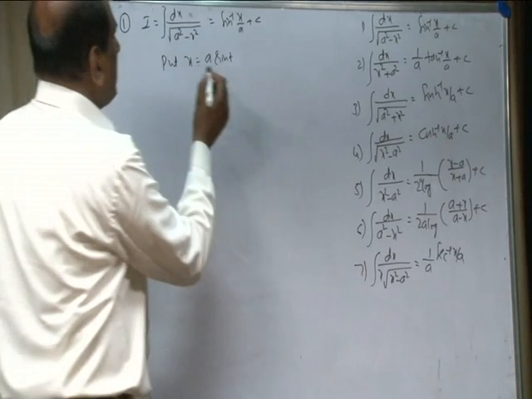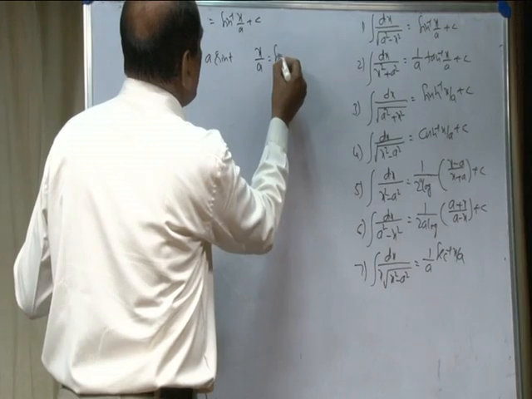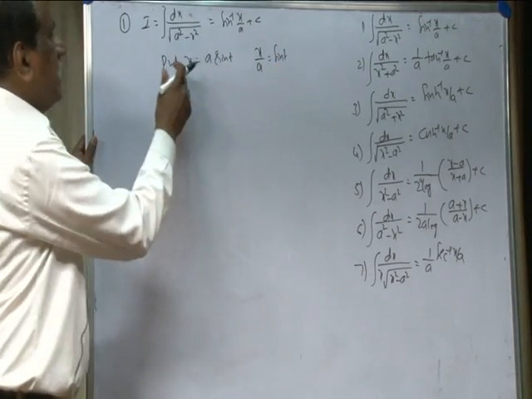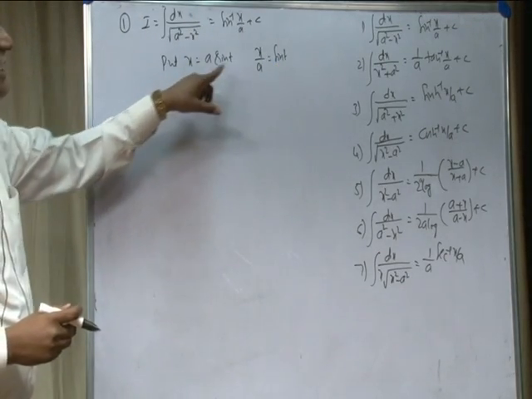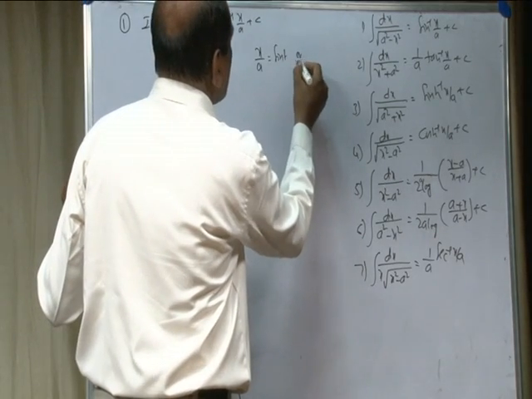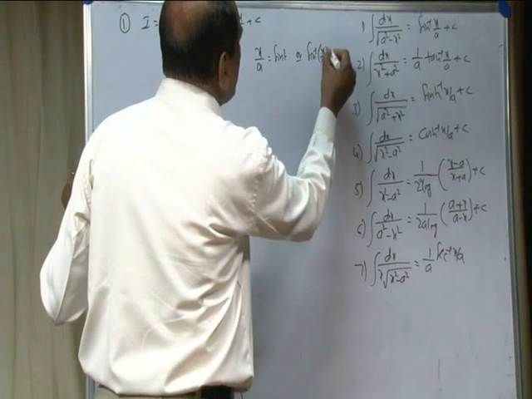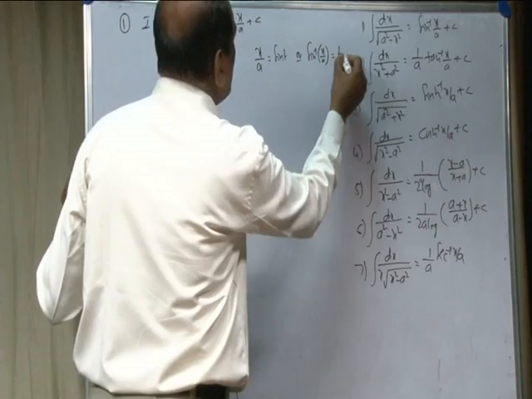From this equation we can write x by a is equal to sin t, or we can also write this as sin inverse of x by a is equal to t.